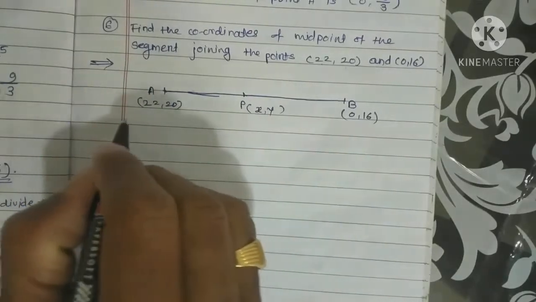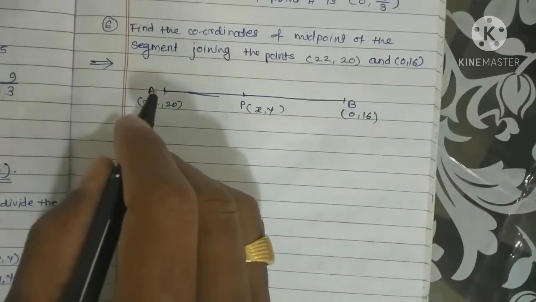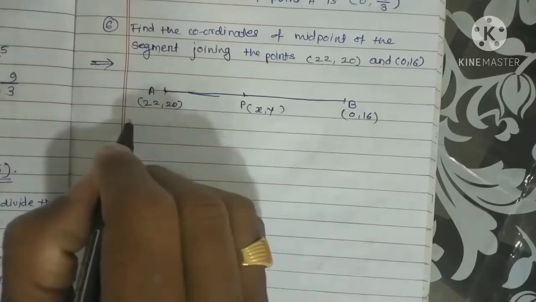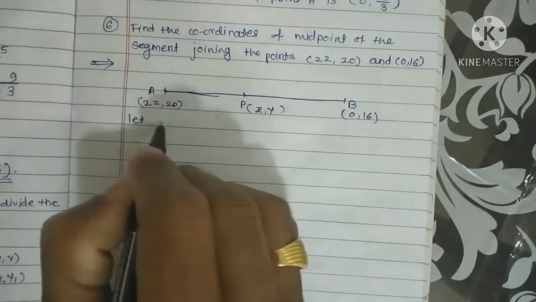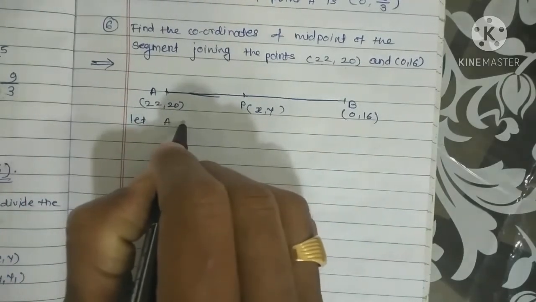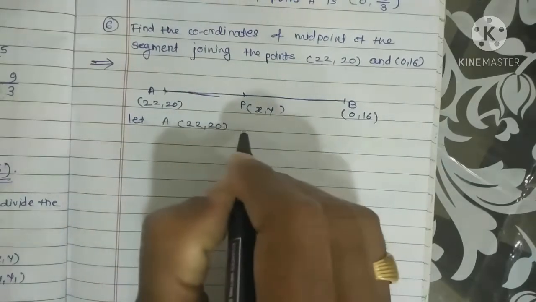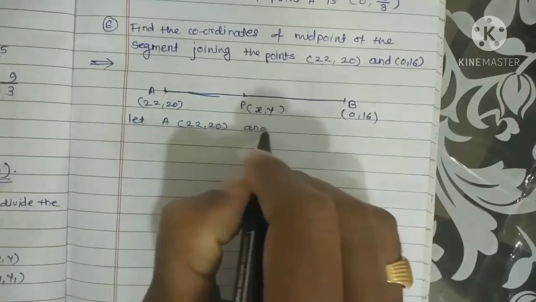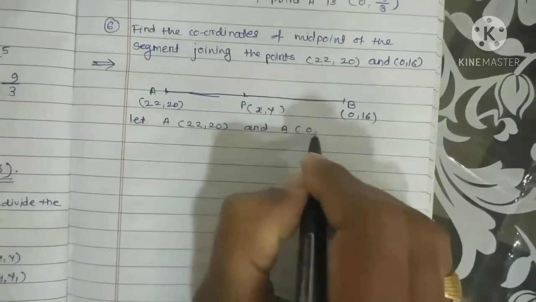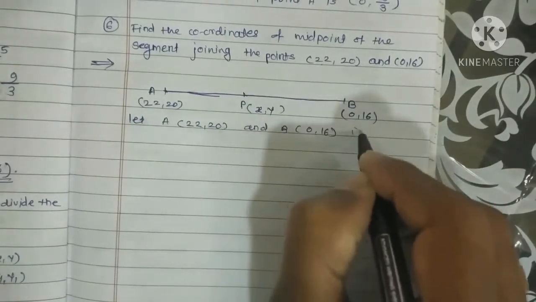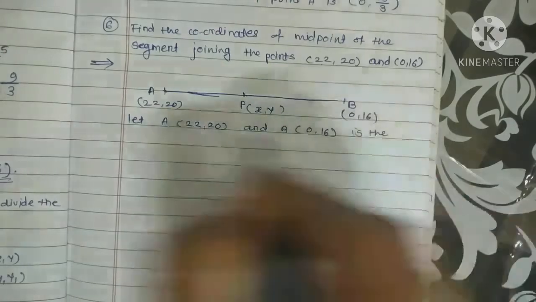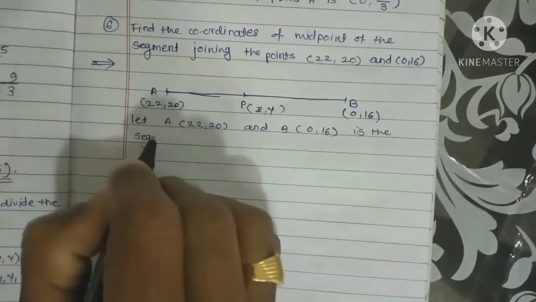So you should write first: let A (22, 20) and B (0, 16) be the segment.